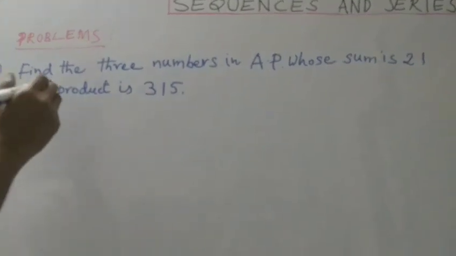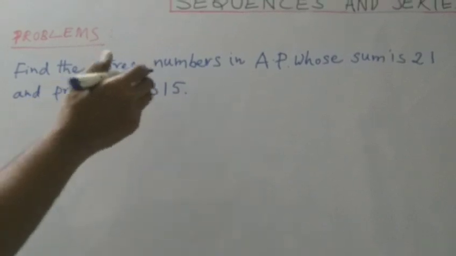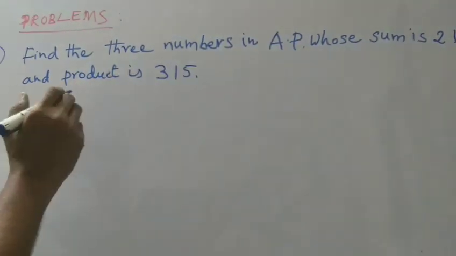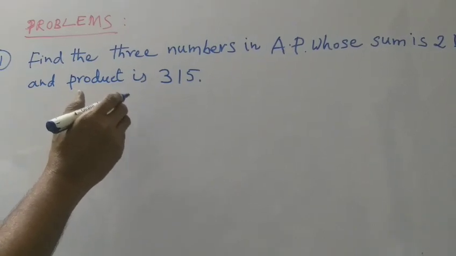This is the problem. Find the three numbers in arithmetic progression whose sum is 21 and product is 315.